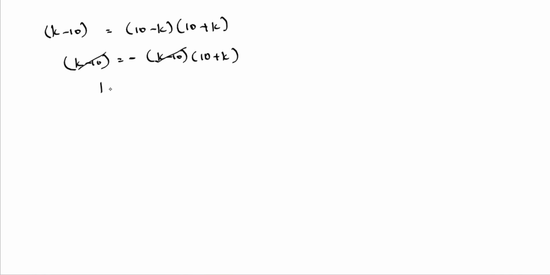So 1 equals minus 10 minus k. Take this to this side, k equals minus 10 minus 1, so k equals minus 11. This is one of the answers. Now if you do it this way, the issue is you will get only one value of k.